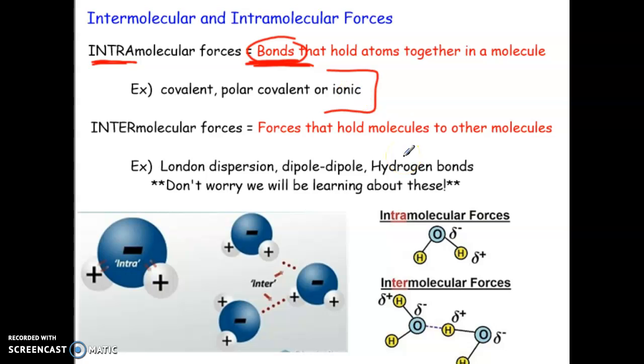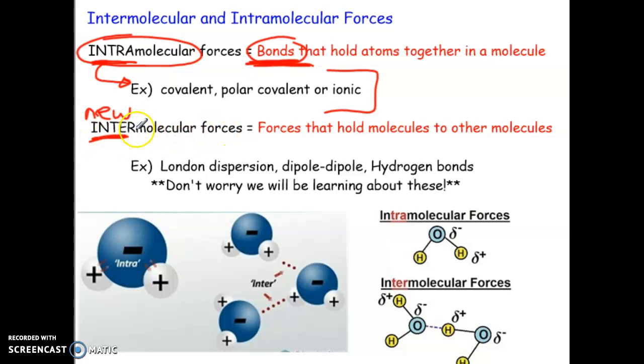Starting in chapter 2. Intermolecular forces is what is new for us right now. Intramolecular forces is not new. We've just finished learning them. It's just that this term hasn't been used before.